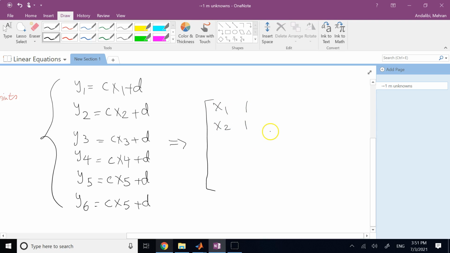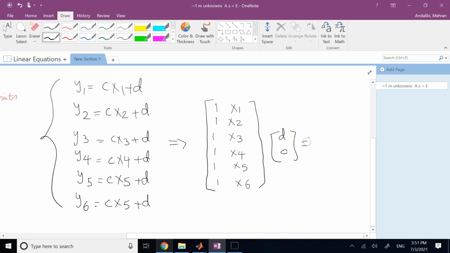Or if you want to write it the other way around, you can write it as 1 and x1, 1 and x2, 1 and x3, 1 and x4, 1 and x5, 1 and x6. This whole thing times D and C is equal to y1 and y2 all the way to y6.